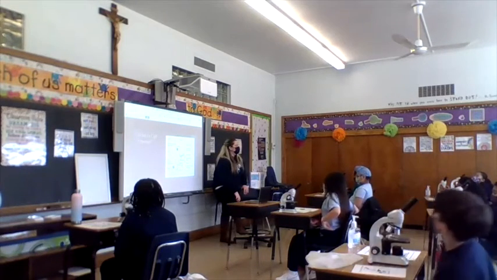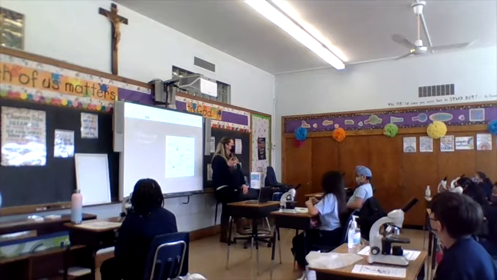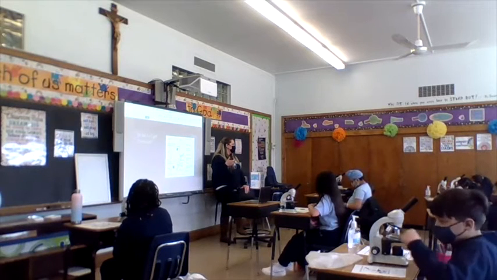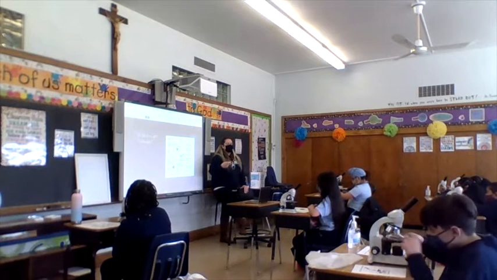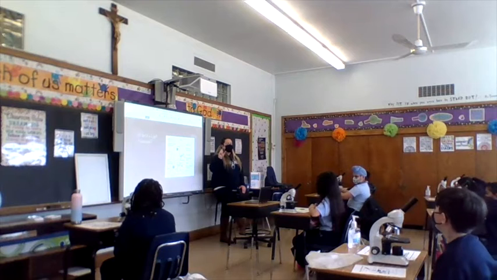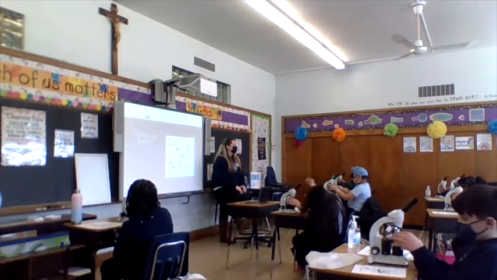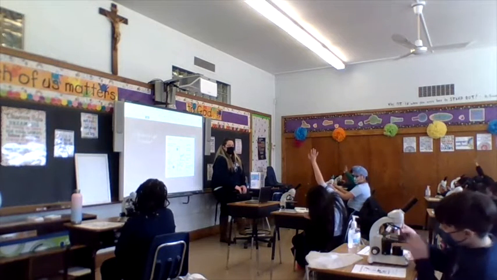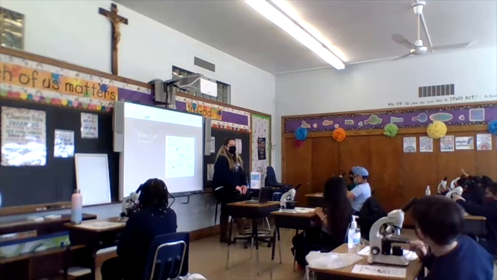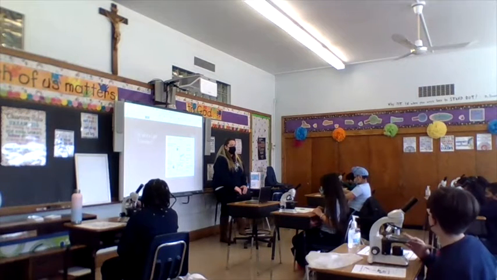So one of the lenses is 40 times. Can you find the 40 times? It's the blue one. Okay, and then turn it again. Who could tell me what the yellow color is? Cheyenne? 0.25. Okay.